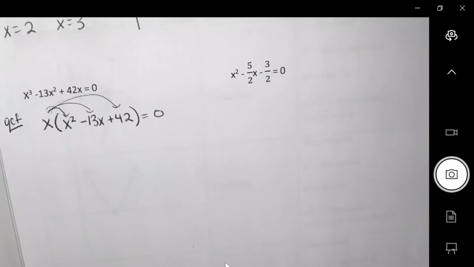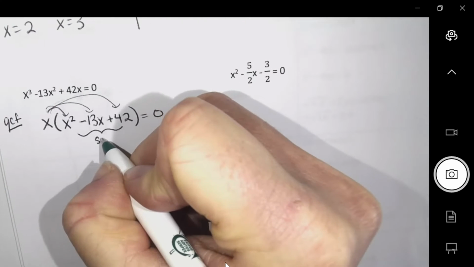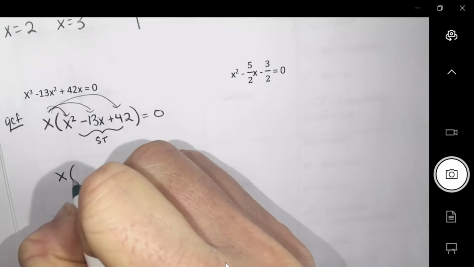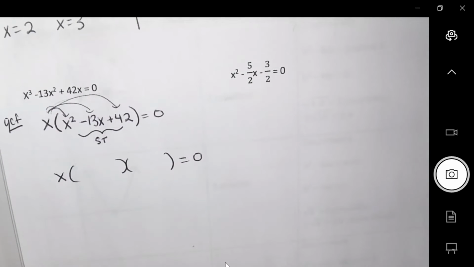Okay, so that was that. Am I recognizing anything else? It's a simple trinomial. This part is a simple trinomial. So I'm starting to recognize, where do I see all my factoring types? I cannot just forget about that x. It's still there.